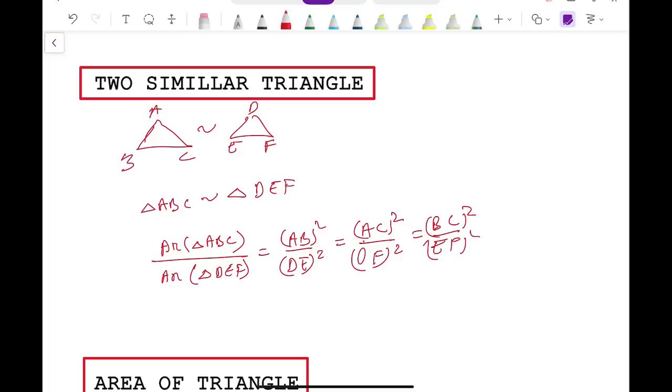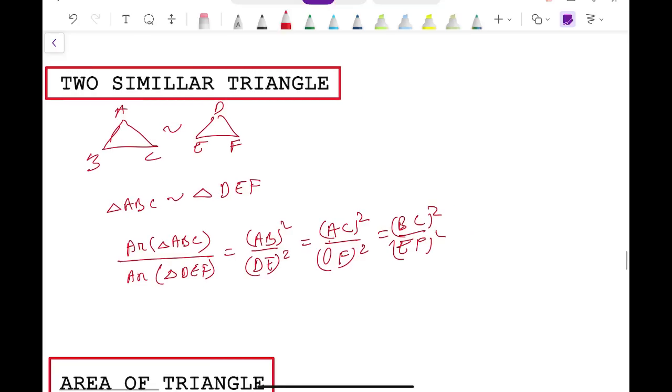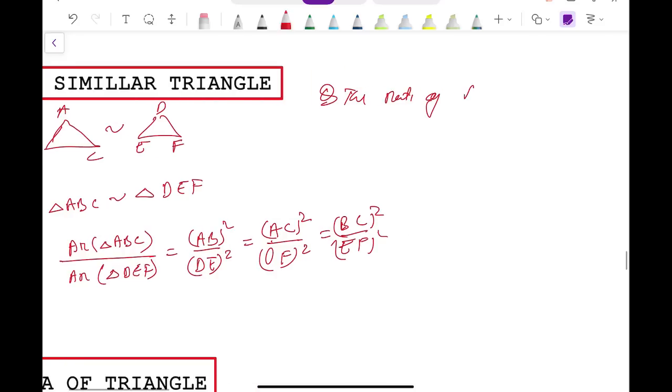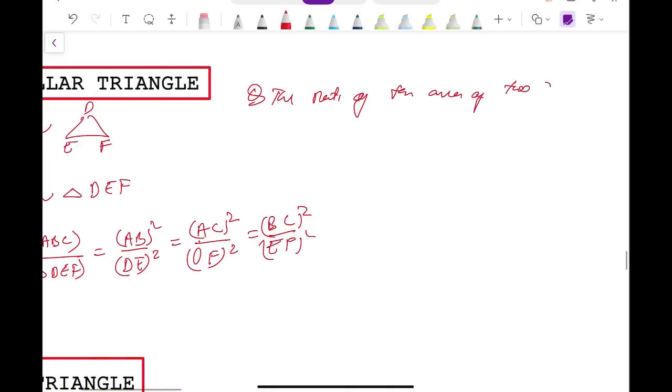So in your question it may be given like this: the ratio of the area of two similar triangles. I think there was one question in the PYQ PDF that I've given you.